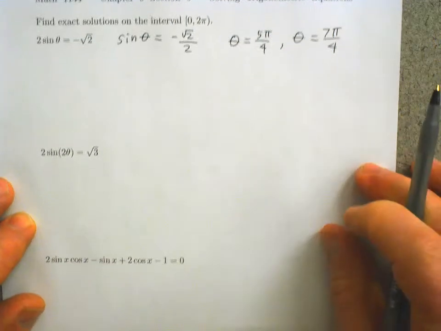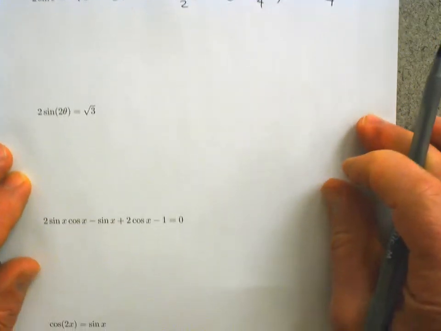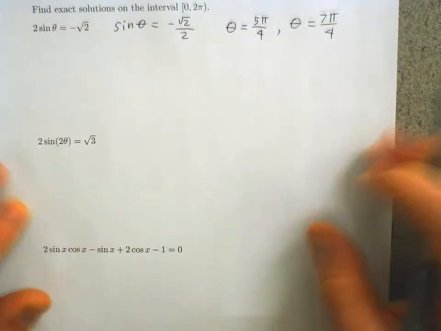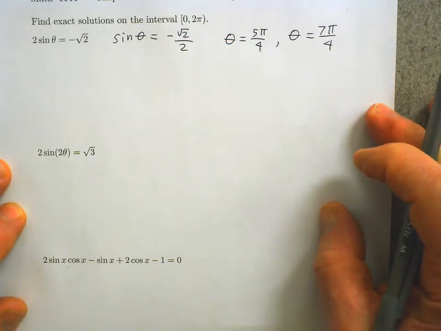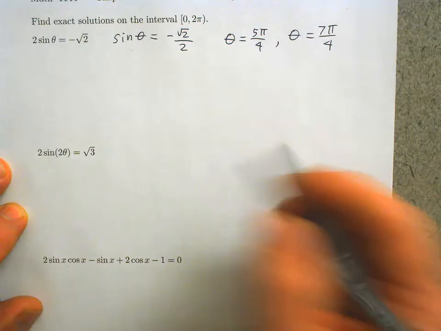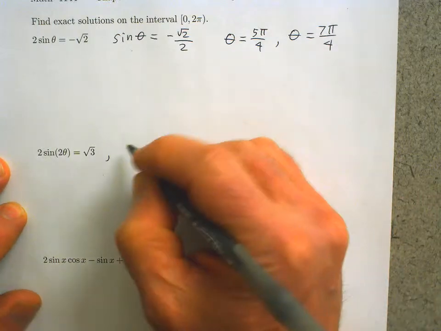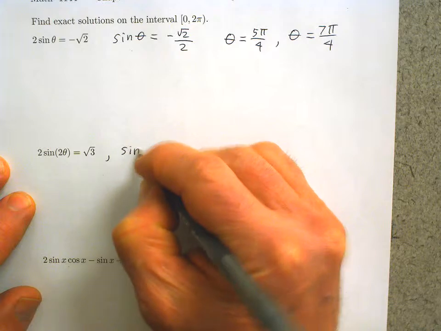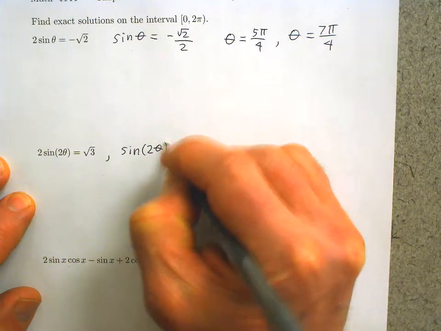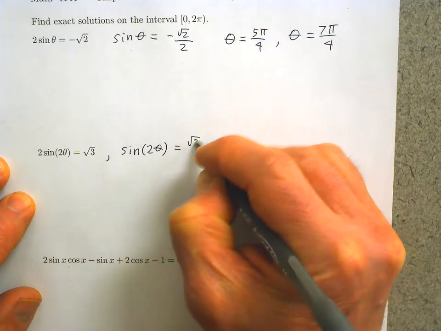Okay, the next equation, 2 times sine of 2 theta equals the square root of 3. So first, divide both sides by 2, so we get sine of 2 theta equals the square root of 3 over 2.